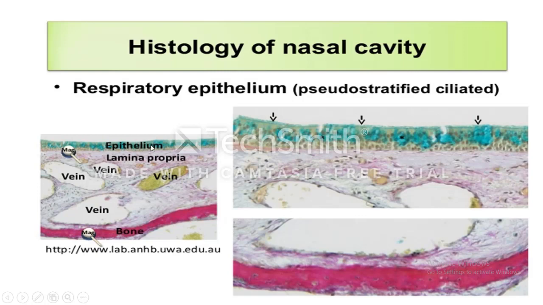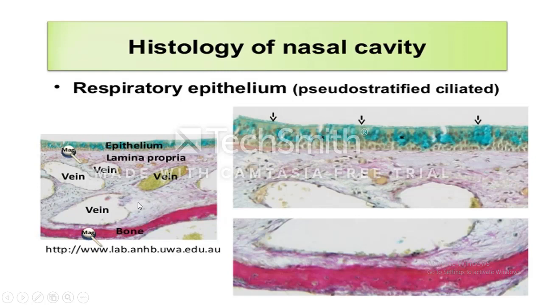This is the epithelia, okay? And this is a basement membrane, and this is a connective tissue have venule plexus. This is a venule plexus.